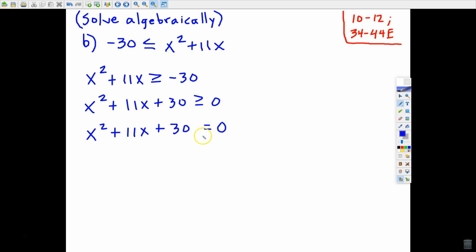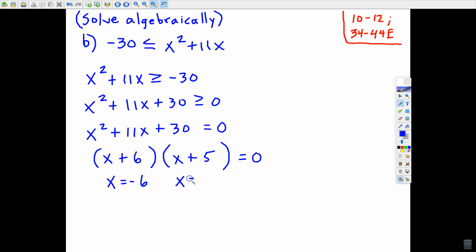Okay, the specific numbers that would make this equation, this quadratic trinomial, equal 0. And once again, factoring is possible, so that's the easier way to come up with the solutions. Factors of 30 that add up to 11 are plus 6 and plus 5. So my two solutions are negative 6 and negative 5.